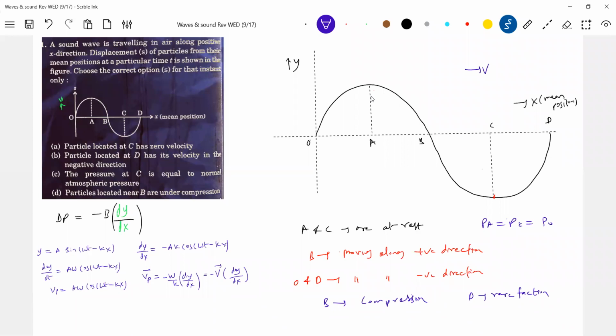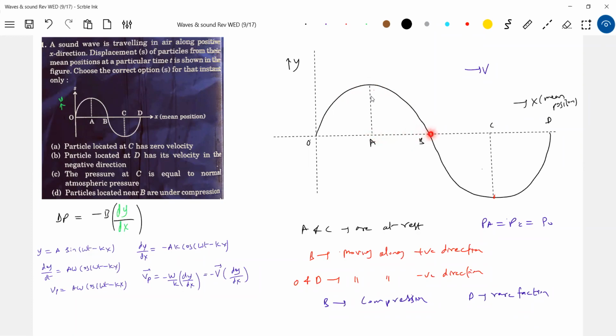Is it only B compression and D rarefaction, or is there any other thing? Compression will be there only at one point or several points? Several points here. Again, look at the slope. This is the maximum compression, let me say. So compression decreases and becomes zero. Next, what do we get? Rarefaction. When you move from A to B, what will happen to compression?